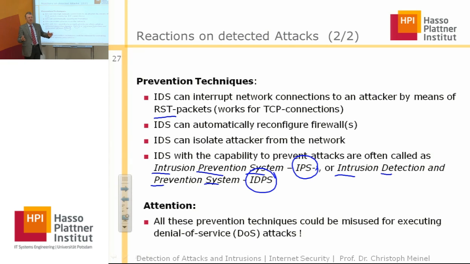Then, of course, if an attacker does not have the goal to break in, but wants to perform a denial of service attack, this is a way of performing it: to force the system to do something that afterward it is no longer able to perform in the correct way.